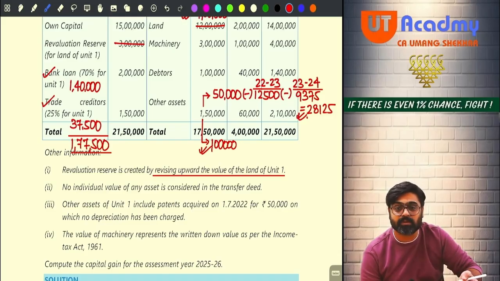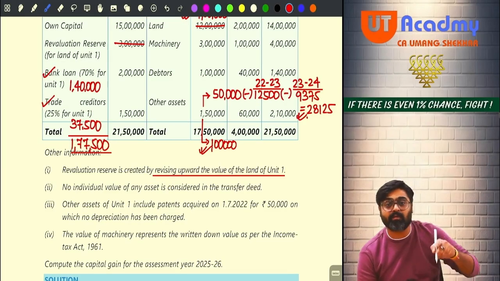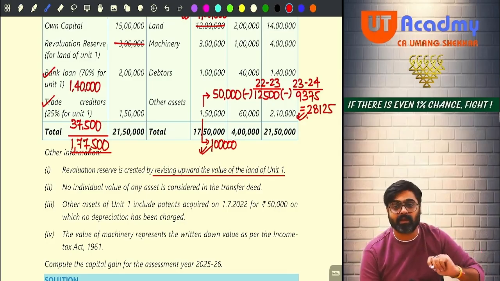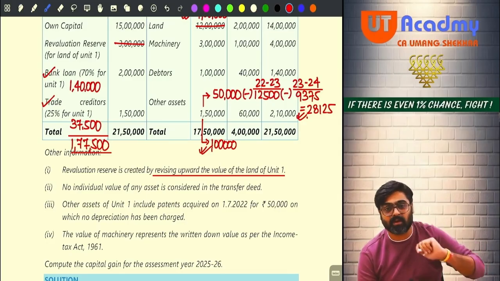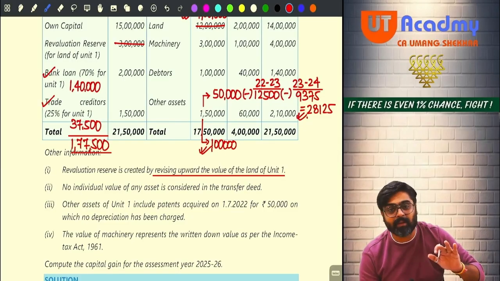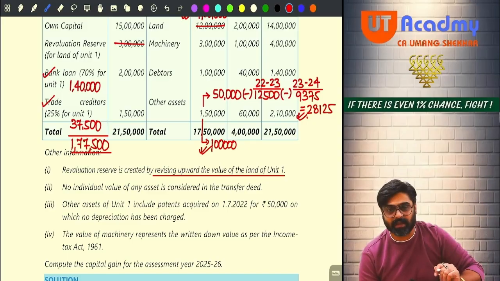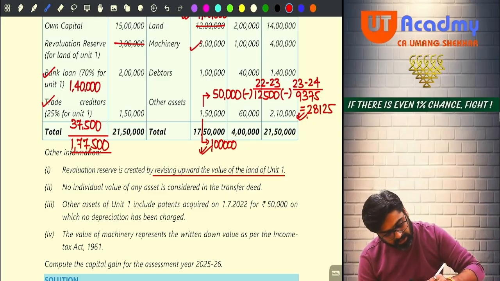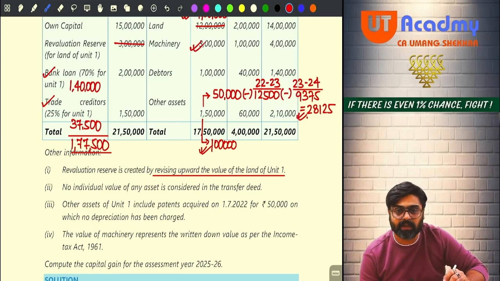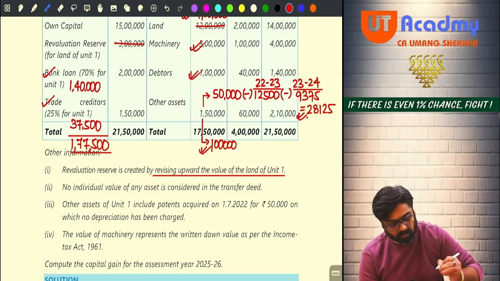If they would have given me the book value of machinery and the details for calculating depreciation, I would have calculated the WDV of the machinery also for income tax purpose. But what they are saying is that the value recorded in the balance sheet is the same as the WDV for income tax purpose. So I will be directly taking this 3 lakh rupees value for the machinery. Yes or no? And debtors will be taken at book value.